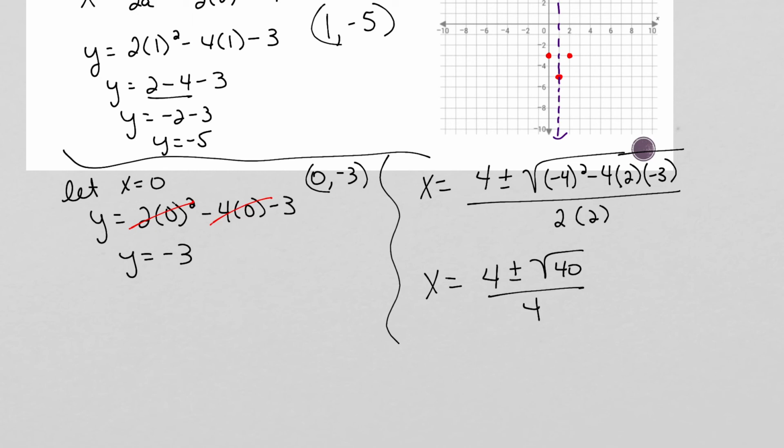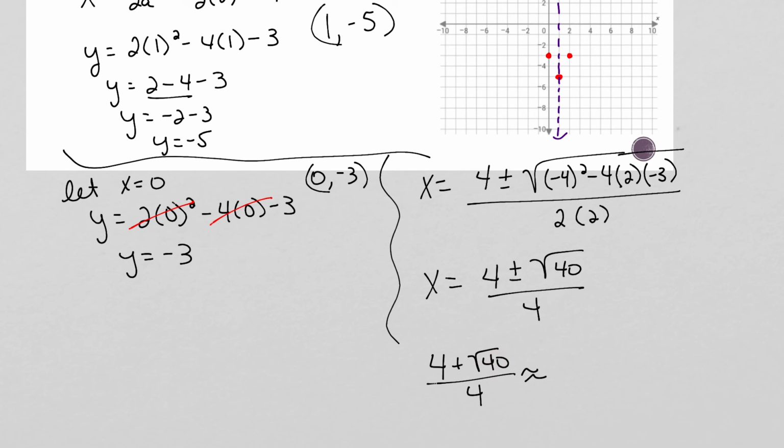So what I'm typing into my calculator is 4 plus the square root of 40. I would then hit enter, then hit divide by 4. Hit enter before you hit divide, because otherwise you're only going to divide this by 4, and it doesn't work that well, okay?